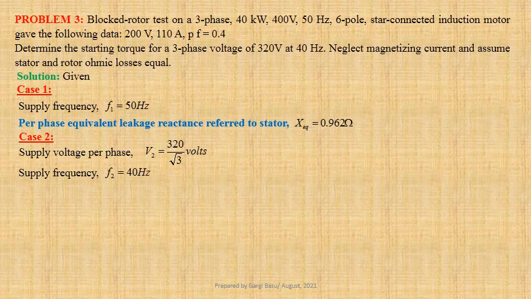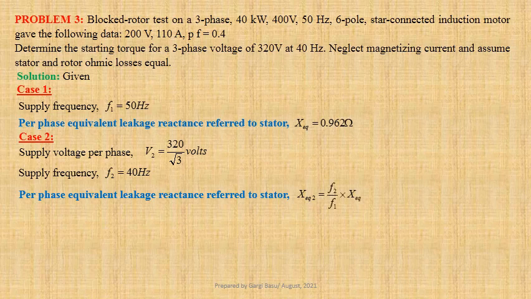Since equivalent leakage reactance is proportional to supply frequency, in this case, per phase equivalent leakage reactance referred to stator XEQ2 equals F2 by F1 into XEQ. Using values we get 40 by 50 into 0.962, that gives us 0.77 ohm.